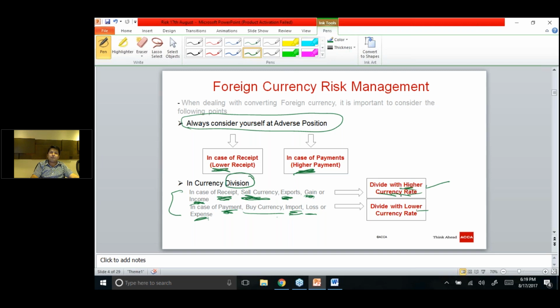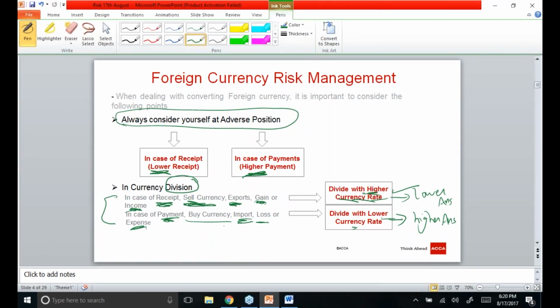And how you gonna have to pay more? By dividing it with the lower currency rate. That's how you're gonna solve the currency conversion problems.